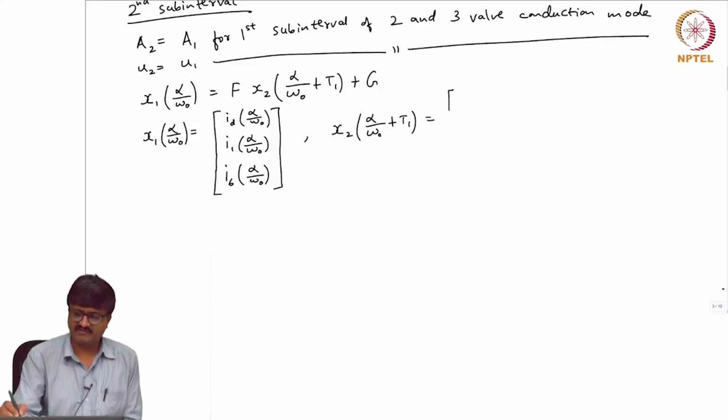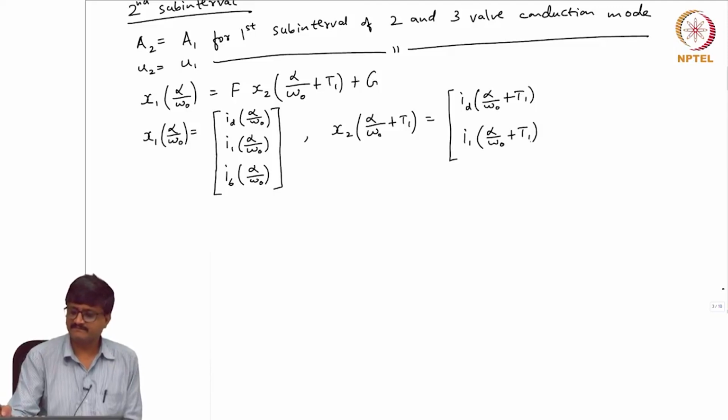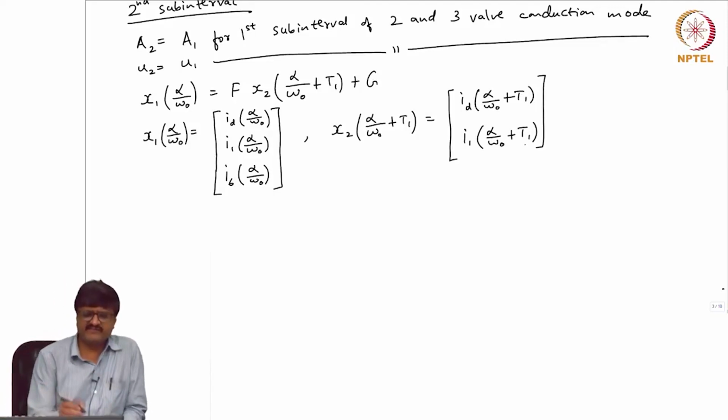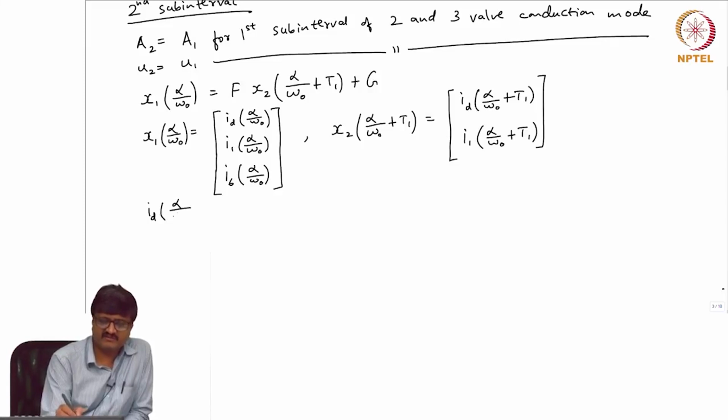So, this is ID at alpha by omega O plus T1 and I1 at alpha by omega O plus T1. So, to get F and G, what I should do is take one element of x1 at a time and try to get some relations.